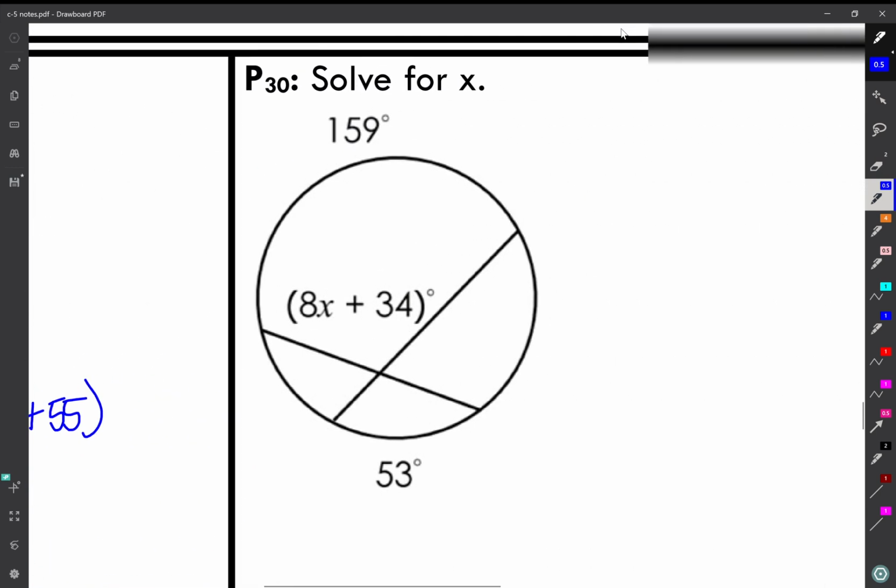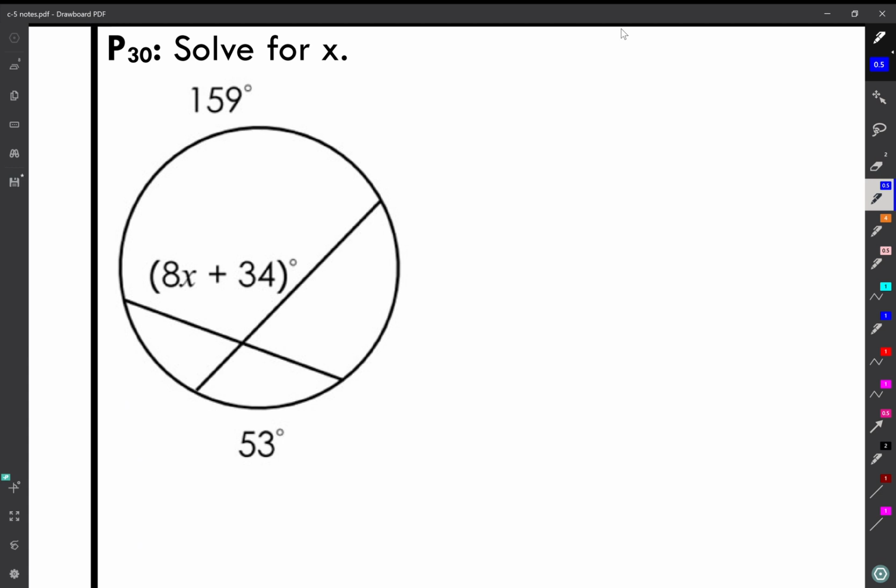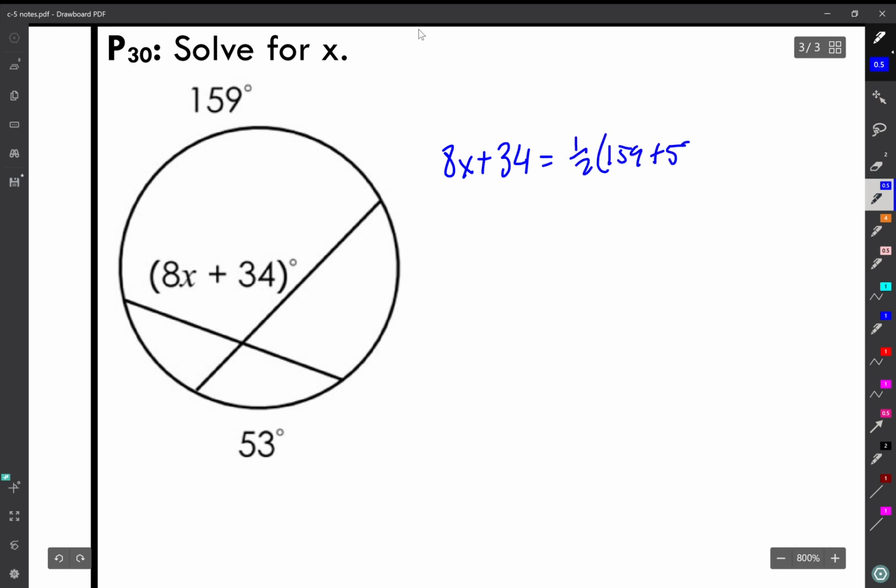Next one we have very similar to this one. We'll set it up like this. This is the angle. It's equal to half the sum of the two intercepted arcs. So 8x plus 34 equals 1/2 of 159 plus 53.